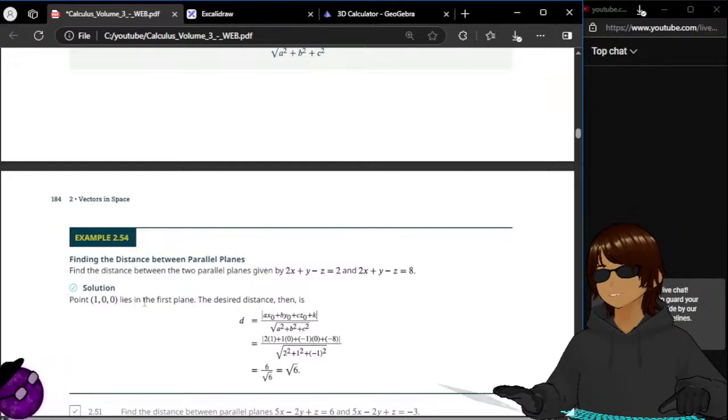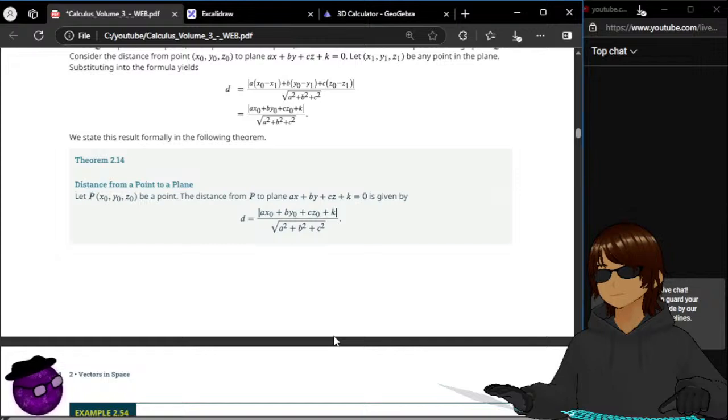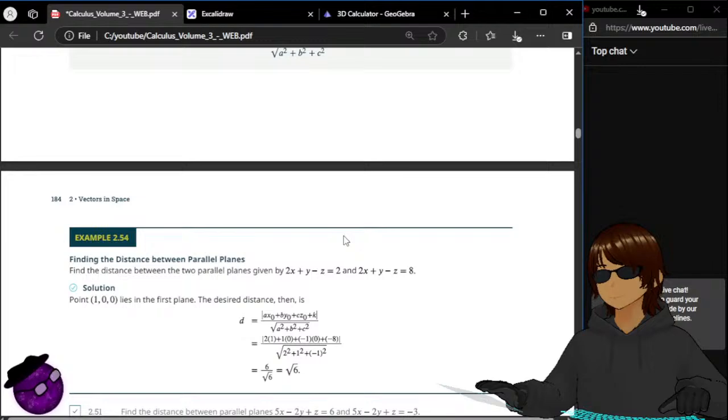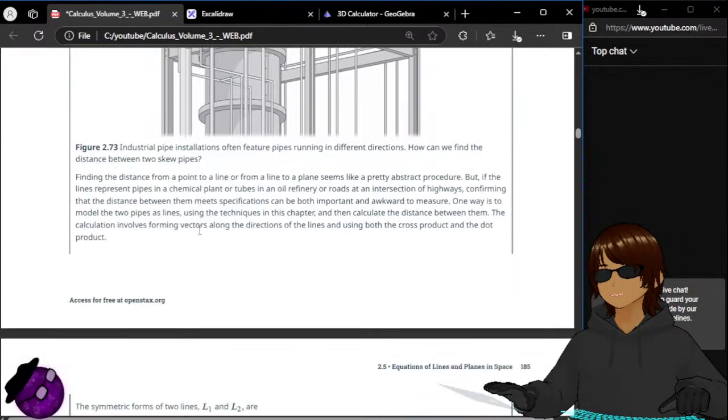So 0, 0, 0 lies in the first plane. The desired distance then is, they took d as this. So 2, 1, -1. And where did they get -8? Oh, they calculated k, right? Yeah, I think I understand.